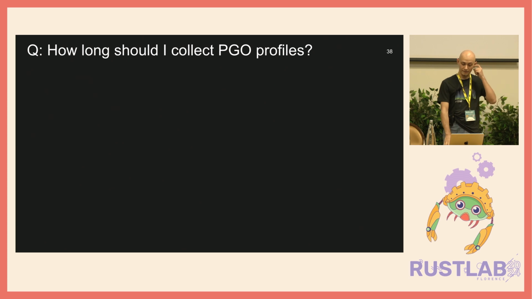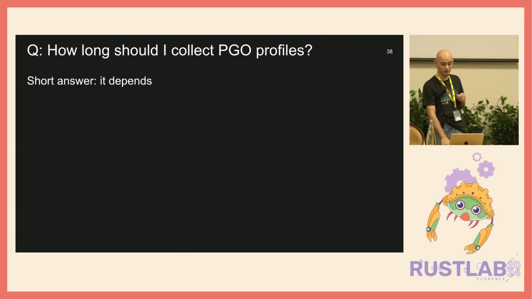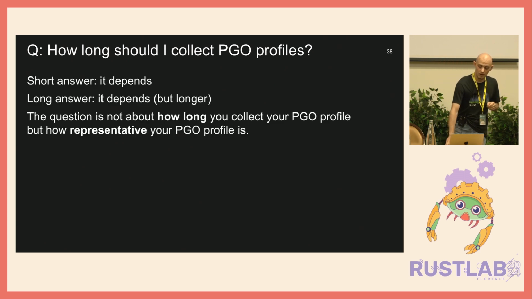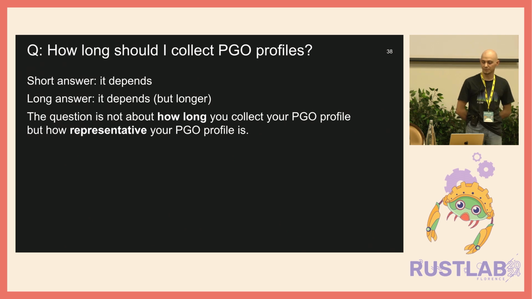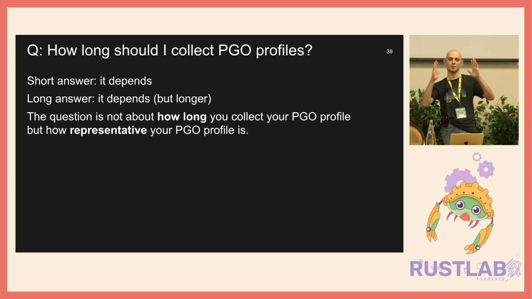So another question: how long should you collect PGO profiles? The real question is not how long you need to collect them, but how representative your selected amount of workload will be of your typical workload. For example, if you want to compile a large application, like building Rustc with Rustc, there is no reason to compile the whole of Rustc.